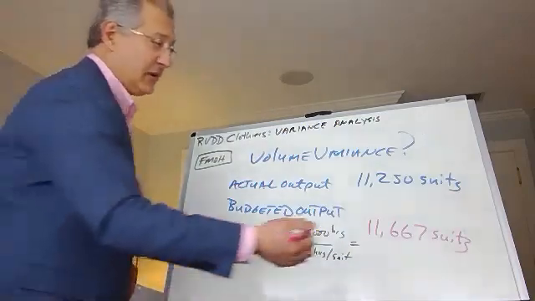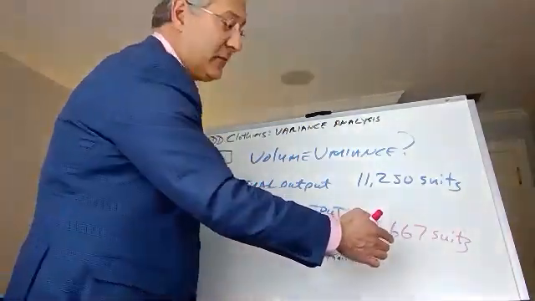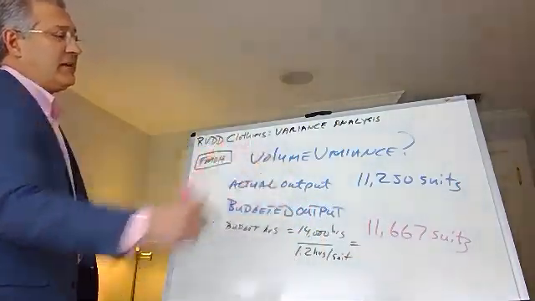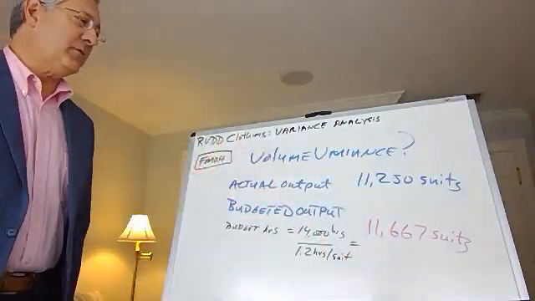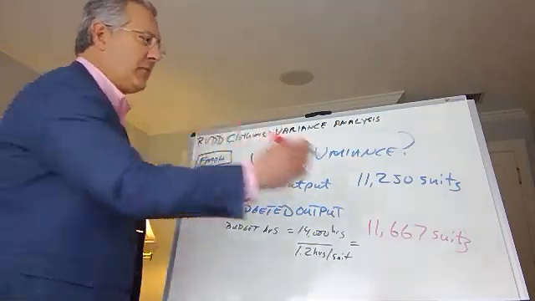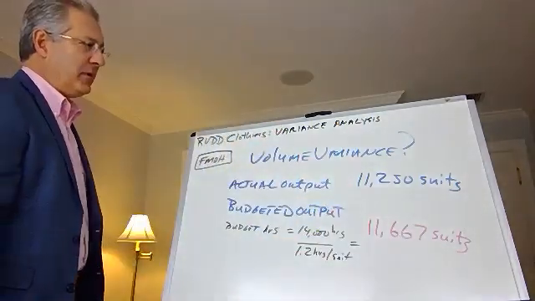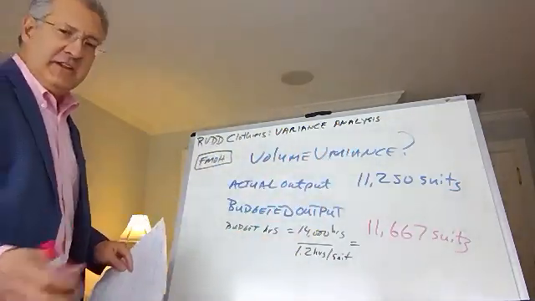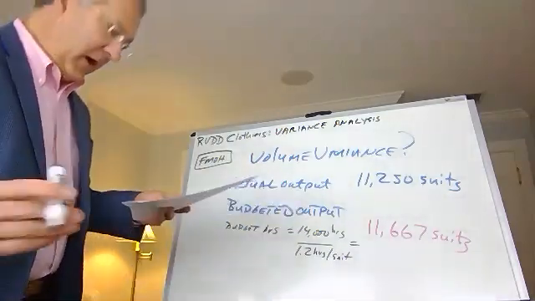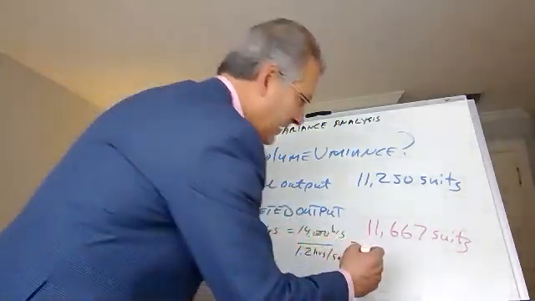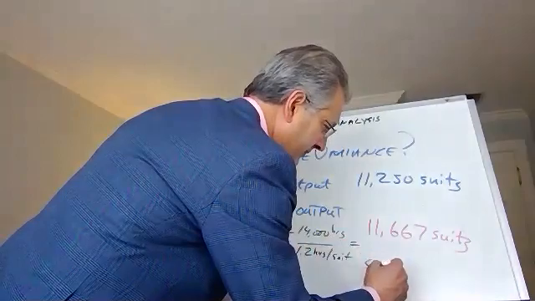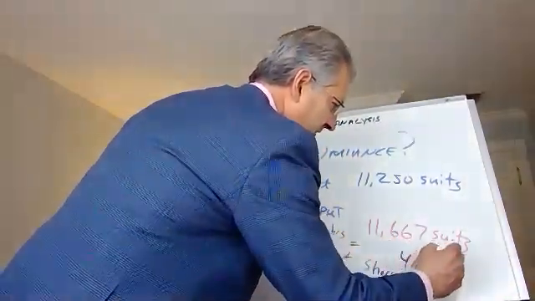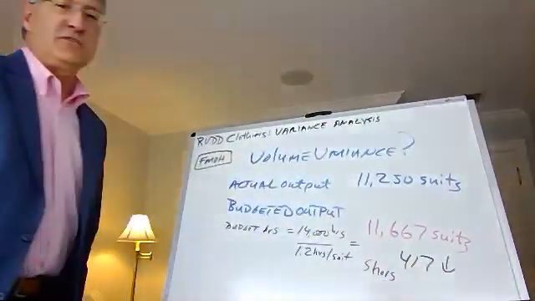Another way to look at it, check your math: if they had estimated to produce 11,667 suits at 1.2 hours, they would have had 14,000 hours. So that was their budgeted output. Their actual output was 11,250. They what? Underproduced. They came up short. They produced 417 fewer suits.